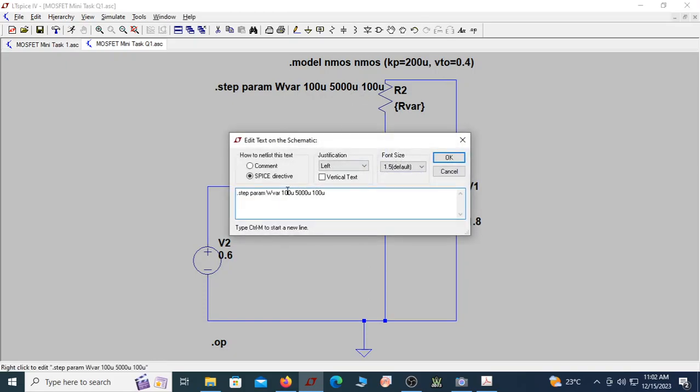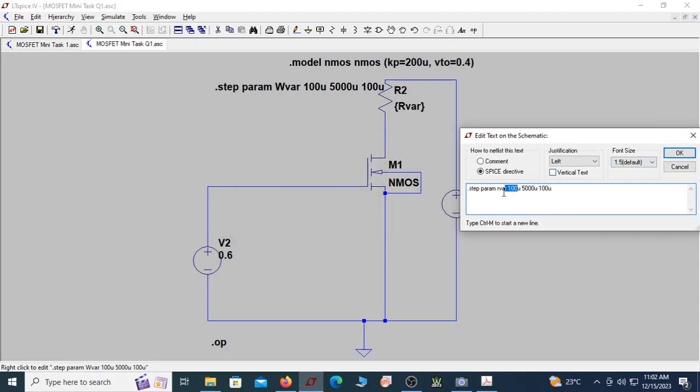Let me change the value of RVAR. I know that it was at 6.66, you will get it. Let me just vary from 2K to 10K in steps of maybe 100 ohm.